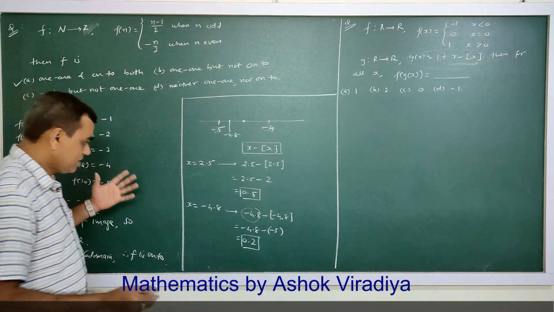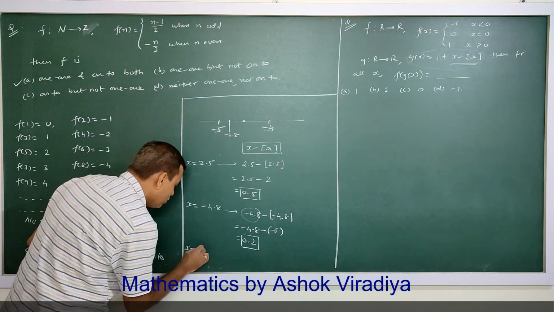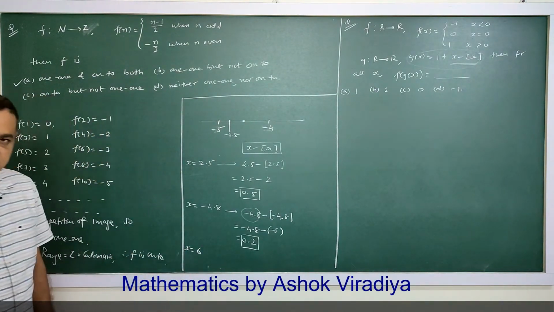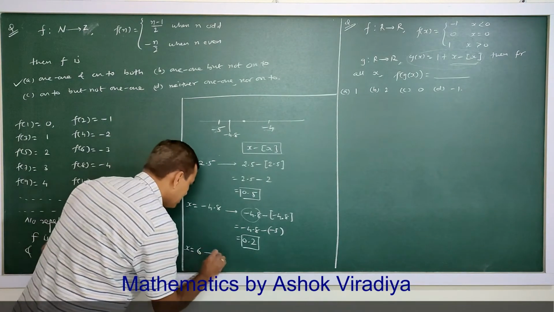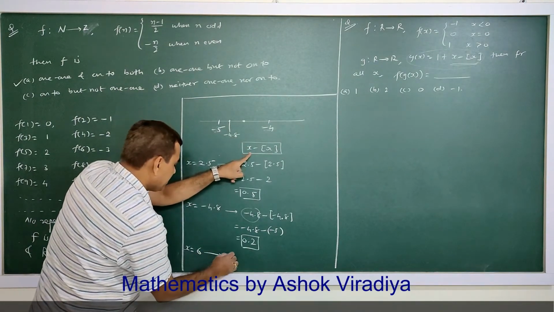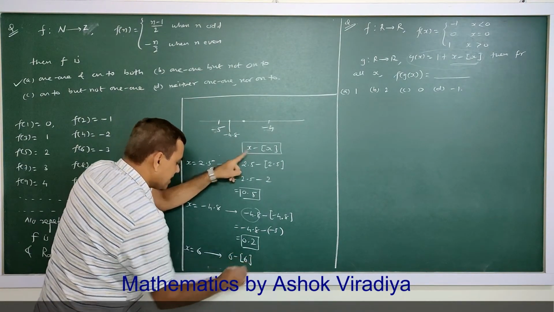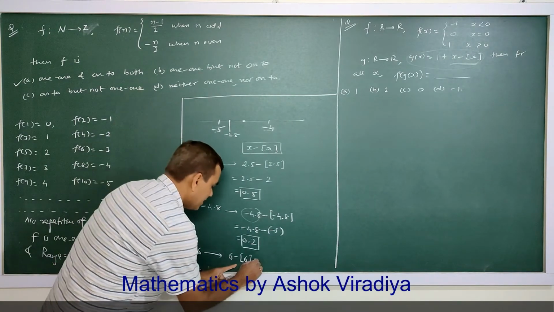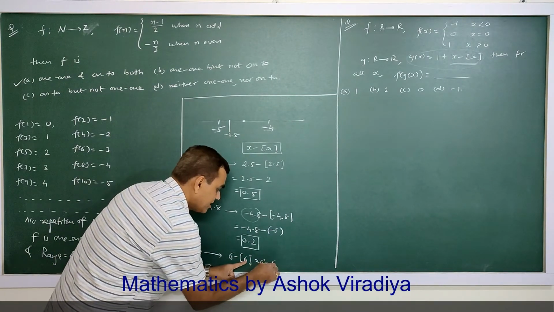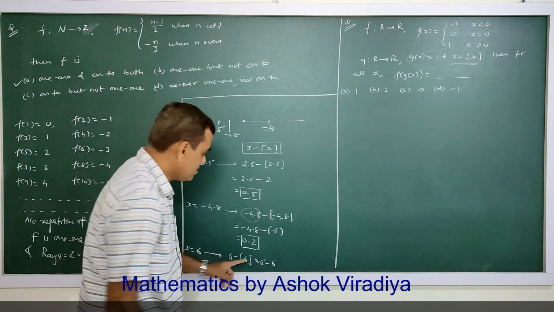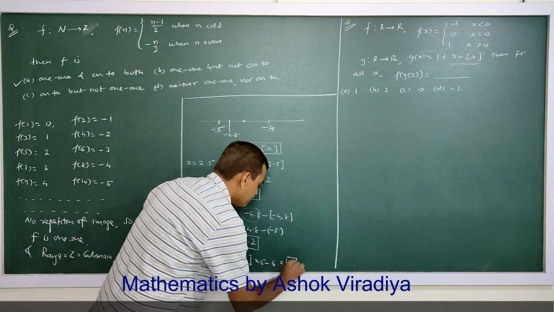If I take x equal to 6, any integer, then 6 minus the box value of 6, which is itself, so that is 0.